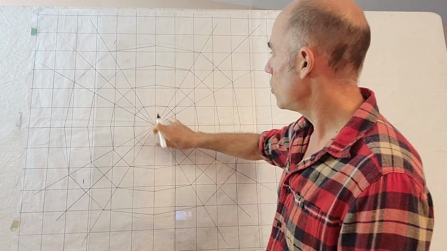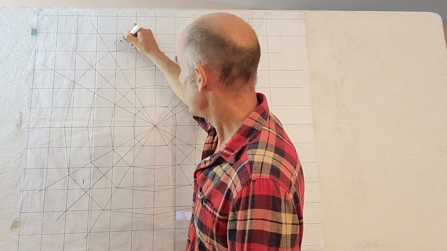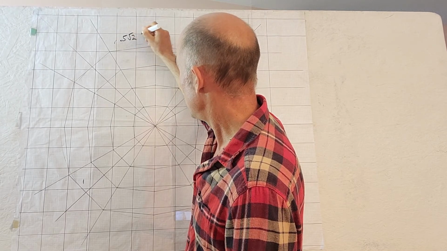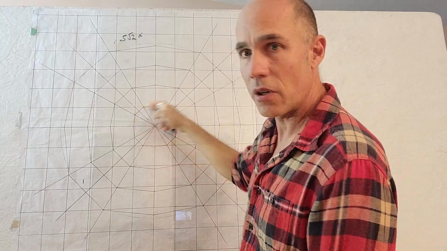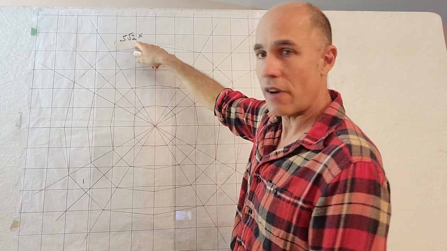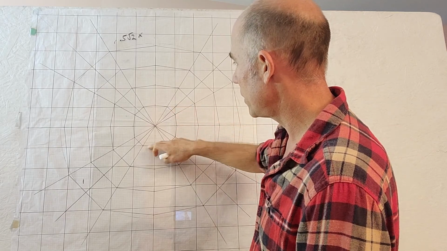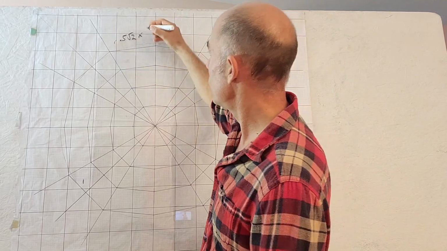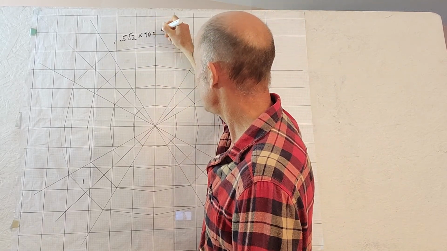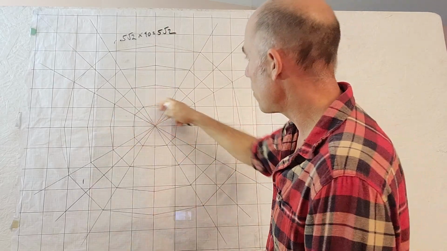So we already know that this distance here is 0.5 root 2. So what we want to do is calculate the entire perimeter. So we're going to multiply 0.5 root 2 by, starting here, 1, 2, 3, 4, 5, 6, 7, 8, 9, a, b, 10. So 0.5 root 2 times 10 equals 5 root 2. So that's the total distance of that perimeter.